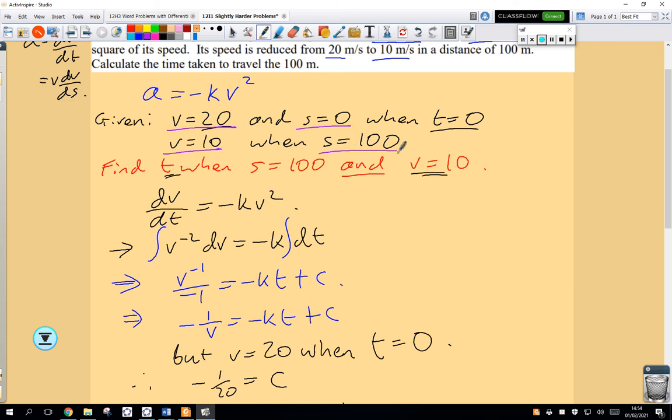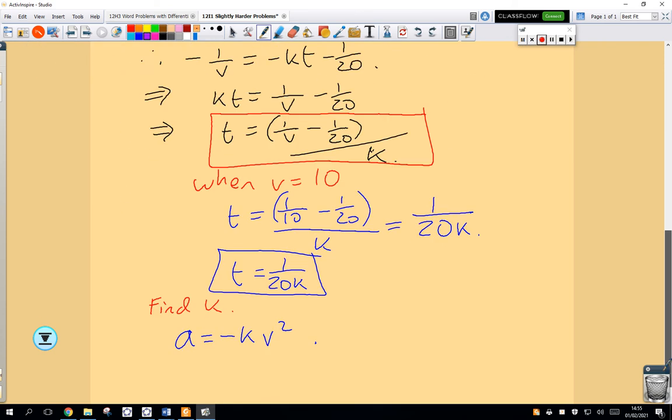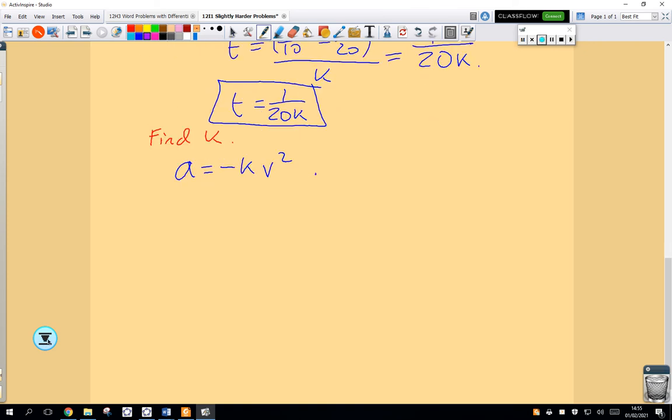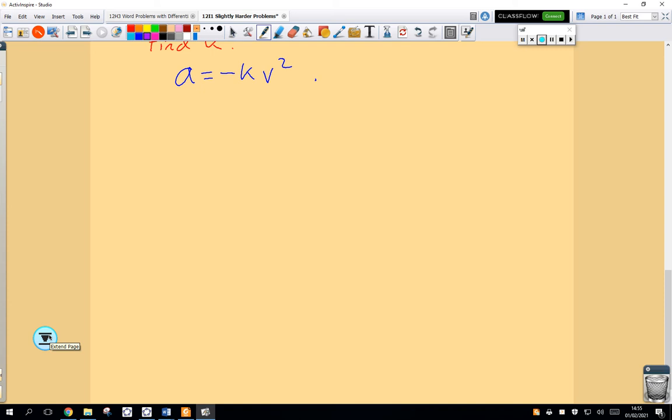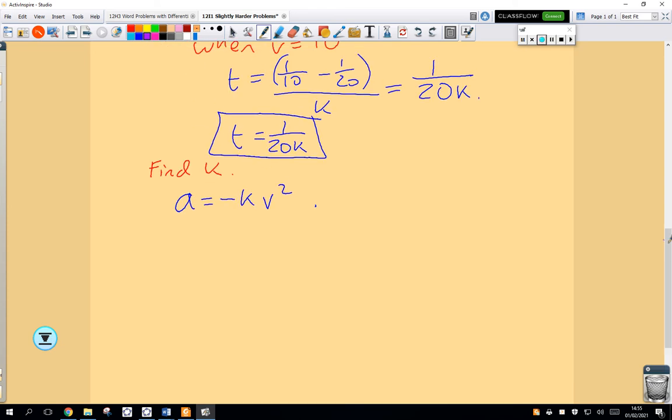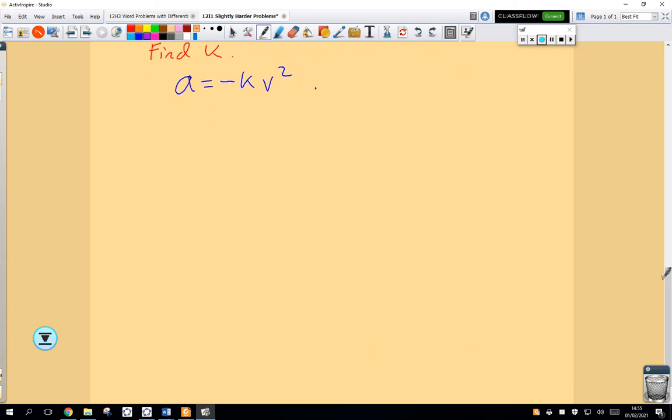So if we get some equations connecting v in terms of s or s in terms of v, then we can maybe work out what k is from there. So in this second part of the question, this is ultimately why your textbook is saying it's a more difficult question, because you're actually going to end up using both of our substitutions here for a. So the substitution I'm going to use now is v dv ds.